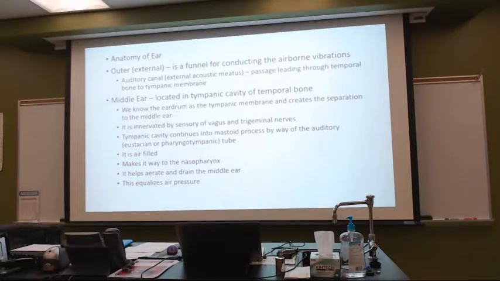Now, in this part, we do find air. This tube makes its way to part of the nasopharynx. The goal is to help aerate and drain the middle ear and equalize air pressure.